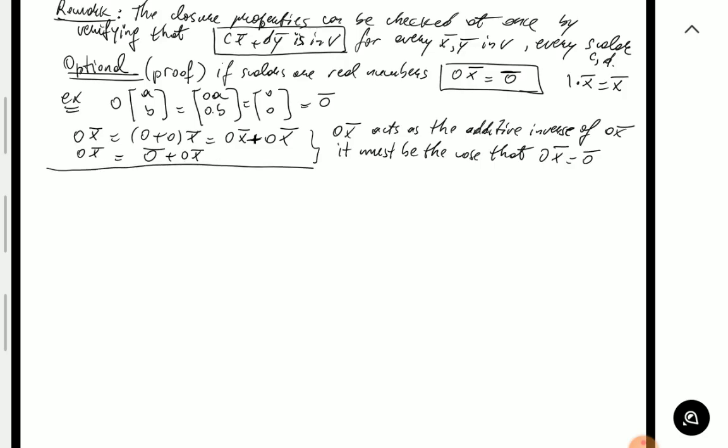So what does this have to do with the closure properties? Well, once you know the closure under linear combinations, we can check both closure properties.